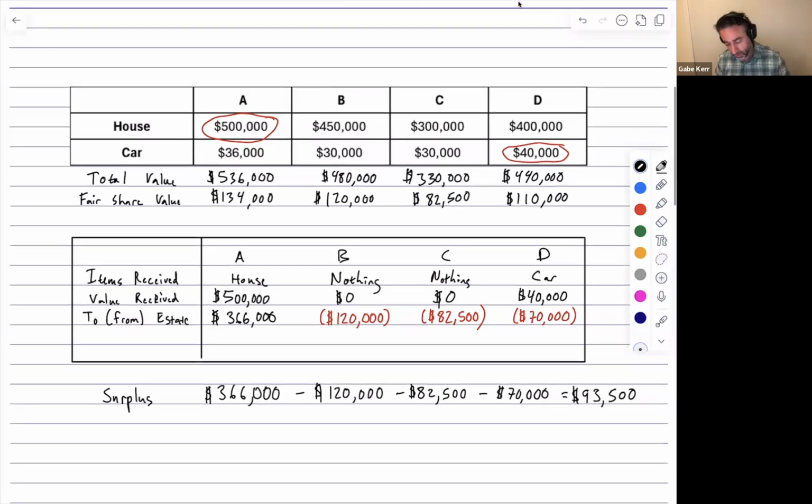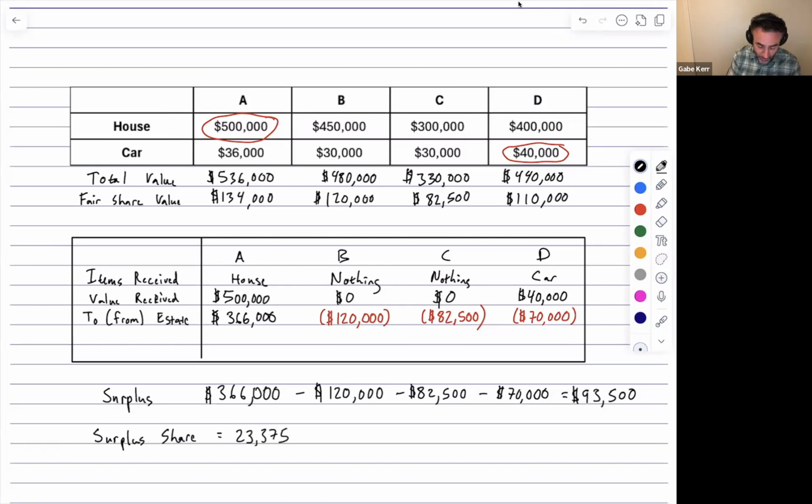So you have a positive amount of money, and the estate doesn't get to keep anything, sadly. The estate has to pay all of the money back to the players. And so in this case, we take that surplus money and divide it by 4. So, surplus share. 93,500 divided by 4 is 23,375.